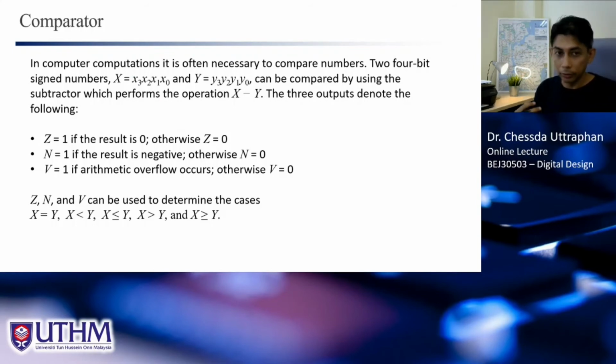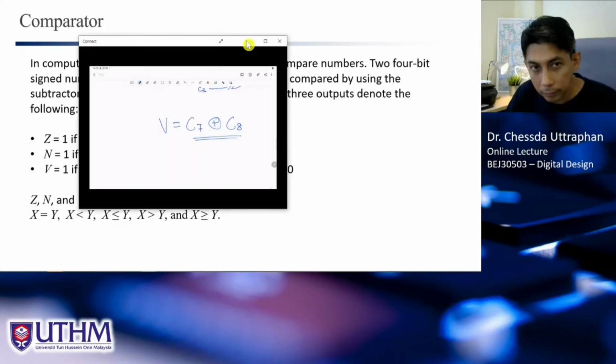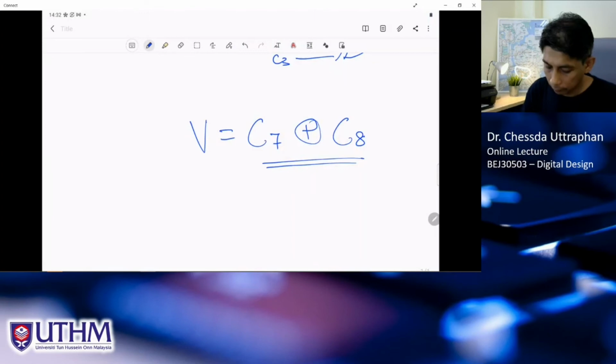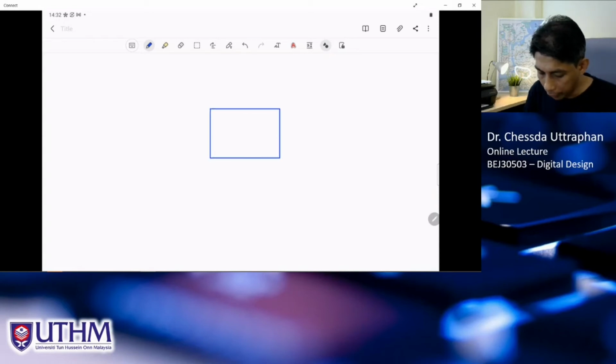So for example, we have two 4-bit numbers, A and B, right?